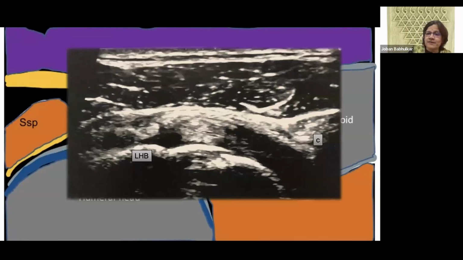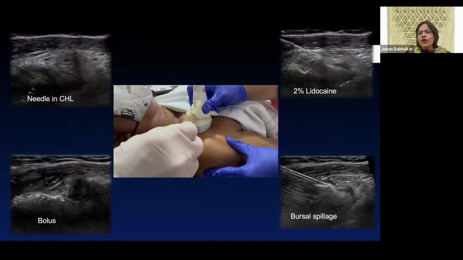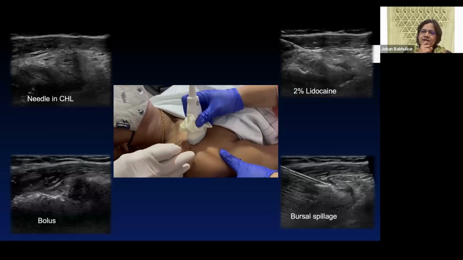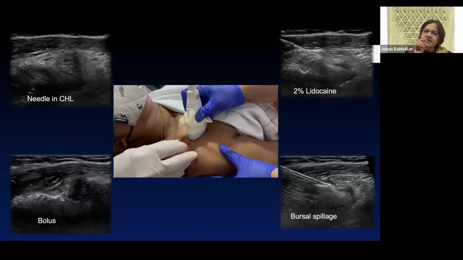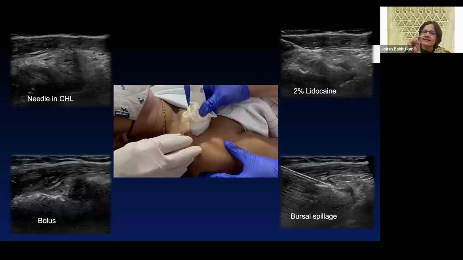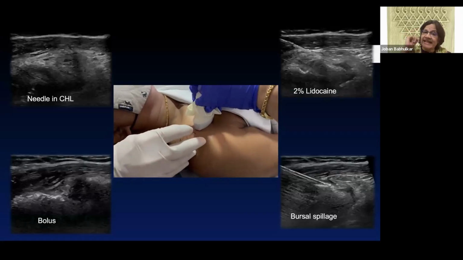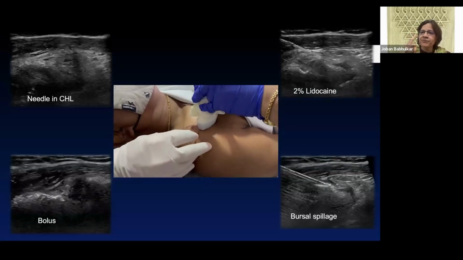So if that's your LHB, that's the coracoid. This is the whole coracohumeral ligament just overlying the subscapularis tendon. So now what do you do? I have purposely marked some landmarks on this patient's body. So that's the coracoid. My probe is, you first identify the coracoid in the short axis and then go long axis on it.